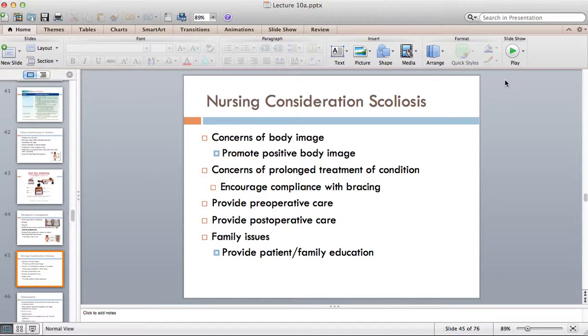No, these days they're wearing one that is just below their breast line that you can hardly tell they have anything on, and that is making them more compliant to the treatment. Okay, so you have to treat their psychosocial and emotional issues that come along with that. Okay. Any questions? Yes? No? Okay.